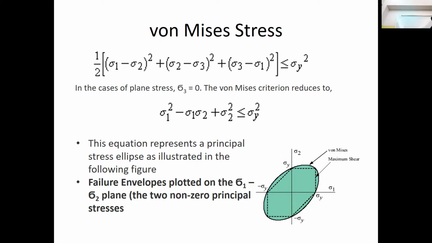With the distortion energy theory, we calculate the distortion energy for a case of a 3D stress and compare it to the distortion energy for the axial tensile specimen. So you see here this sigma y squared, or basically the yield strength for the tensile axial specimen.